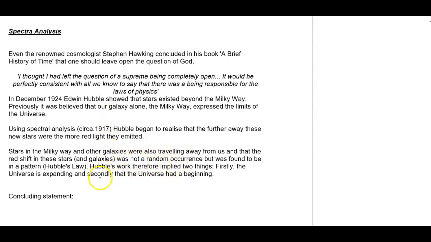Two things. Firstly, the universe is expanding, and secondly, the universe had a beginning. And so if we have an expanding universe with a beginning, it leads to the question of what began it.